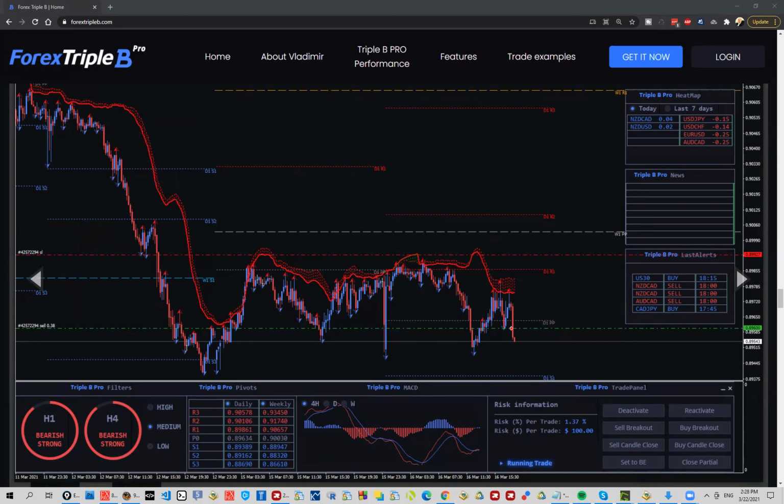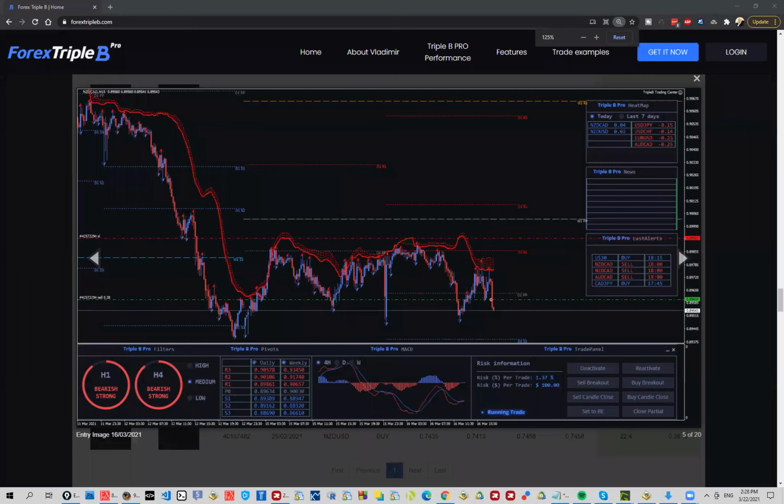First of all, we would like to go ahead and check out the higher time frames, right? It always starts pretty much with the multi-time frame analysis. We want to see what is happening from the higher time frames, what's the direction there, and in what direction we should be trading on the lower time frame.